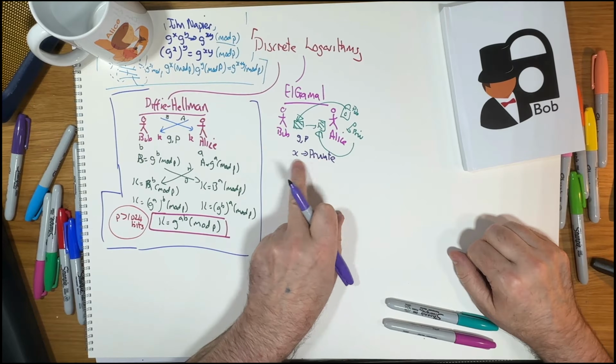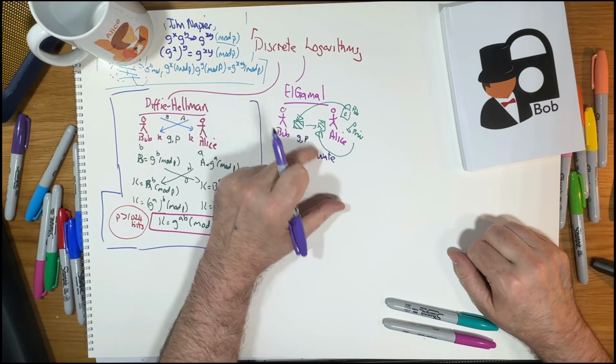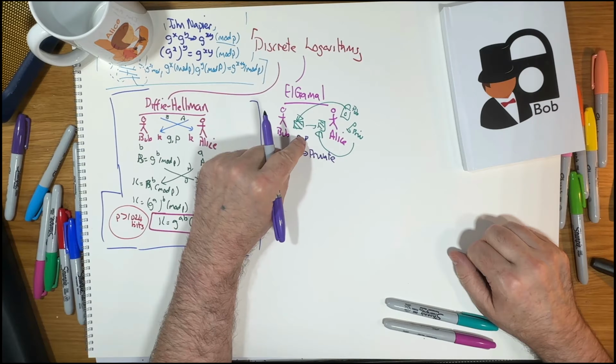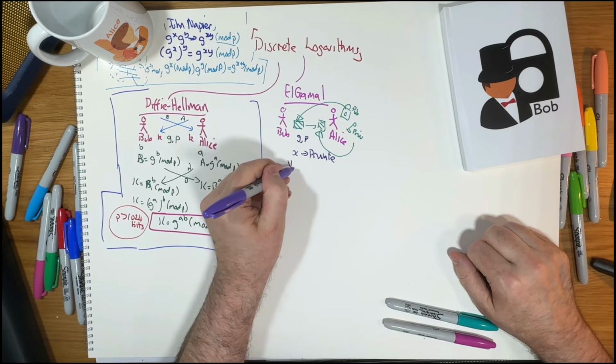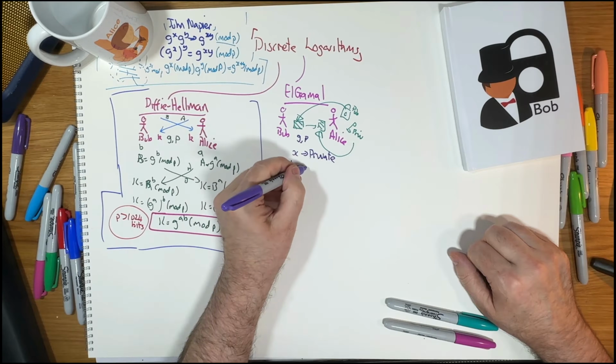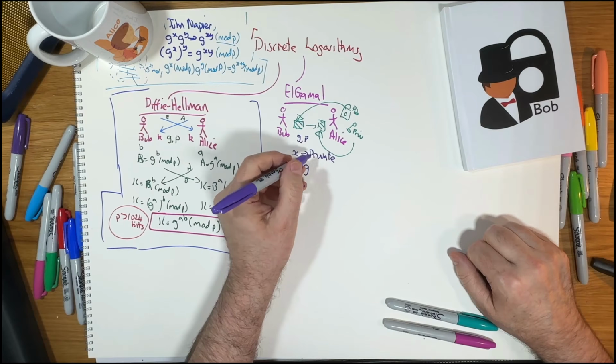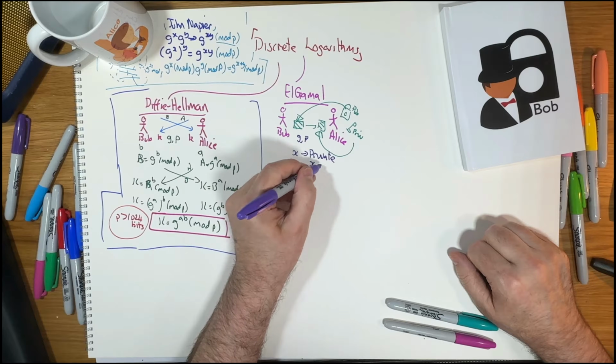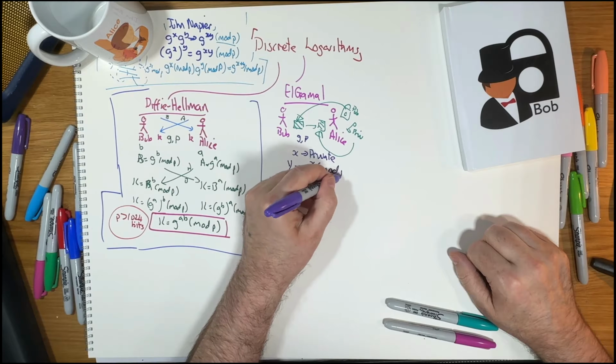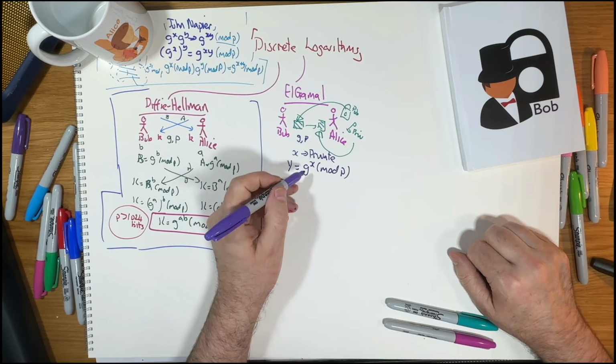So Alice generates a random number between 0 and p minus 1. She then computes her public key, or part of her public key, which will be g to the power of x mod p. And that's it.